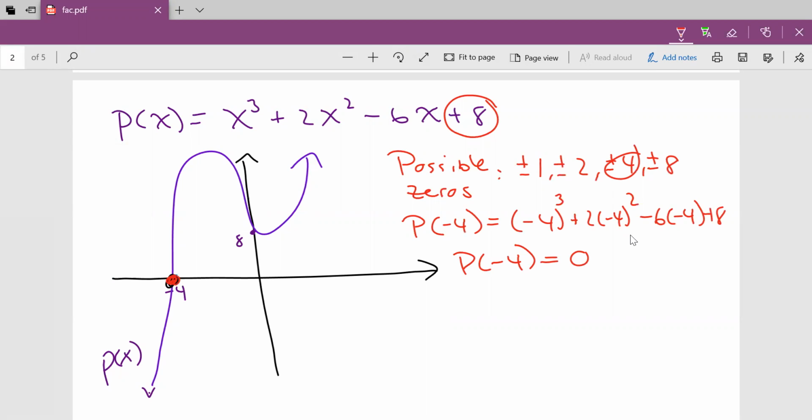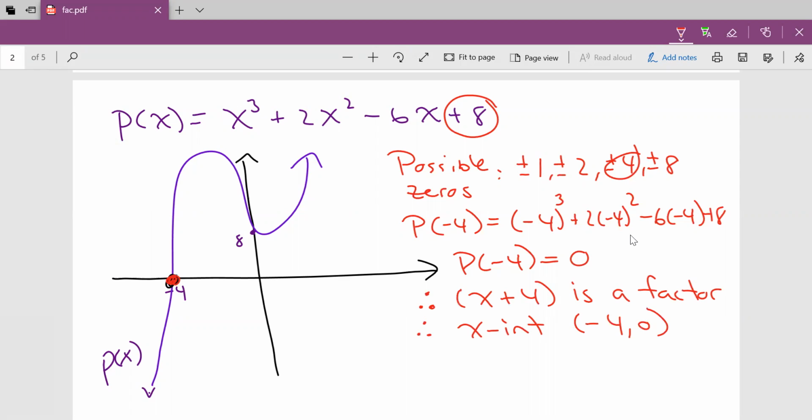What does that tell us? Therefore, x plus 4 is a factor of P(x). And if I know the factor, therefore, an x-intercept is (-4, 0). That's it.